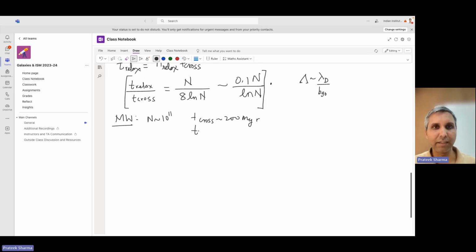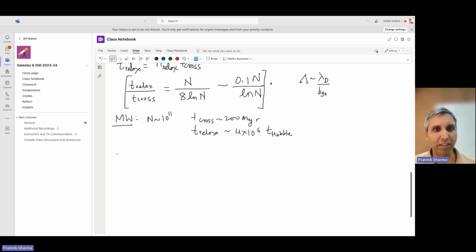So T relax, from above, if you plug in this, is about 4 times 10 to the 6 times the Hubble time. So basically, over a Hubble time, a typical star in the Milky Way hasn't had strong two-body relaxation interactions with particles.